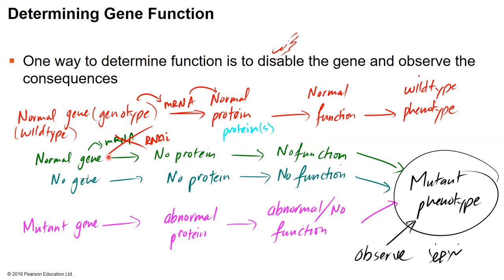Okay? So the gene is normal. Nothing happened to the gene. So these are three ways by which we can generate a mutant phenotype, and by looking at the mutant phenotype, we could have some information about the gene function.